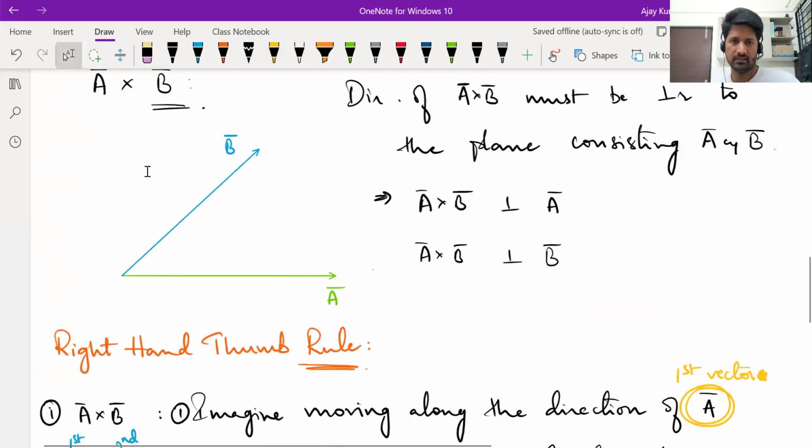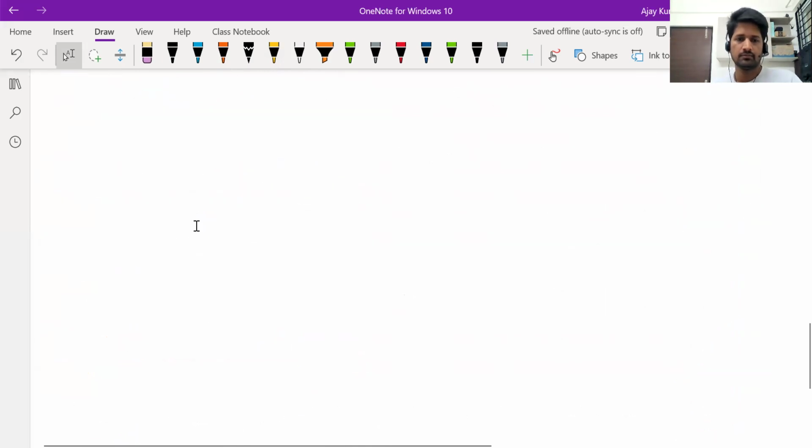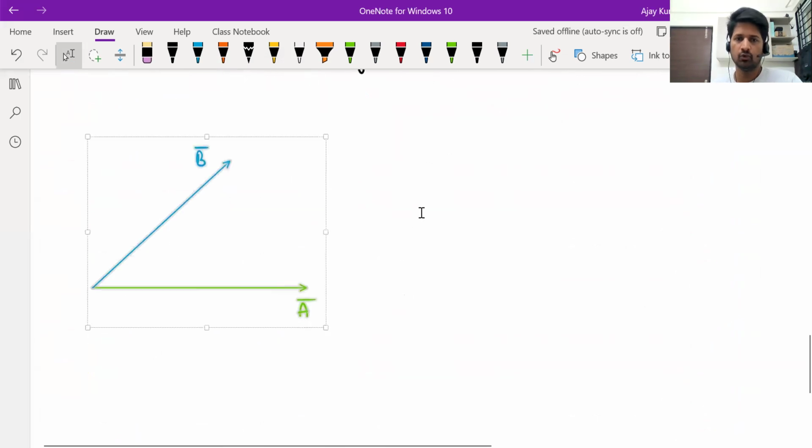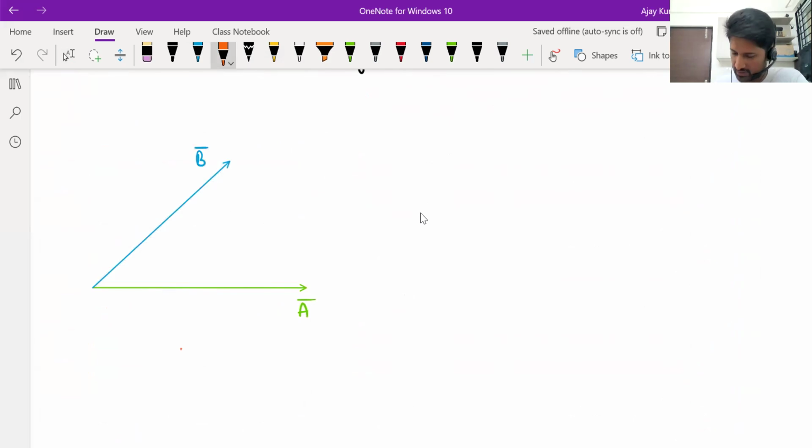Let us try it in this case. You first have to move along the direction shown by the first vector. The direction shown by the first vector is this. So move this way. Then turn towards the direction indicated by the second vector, which indicates this direction.